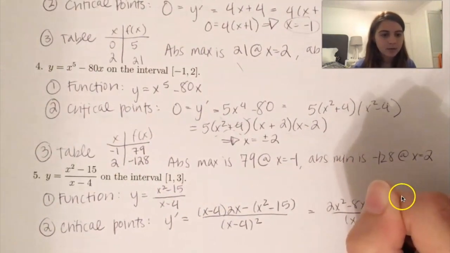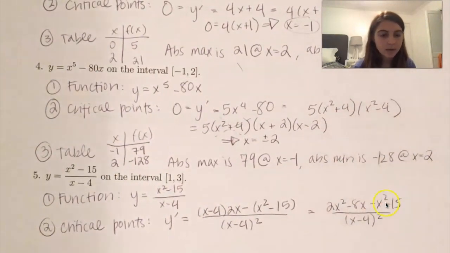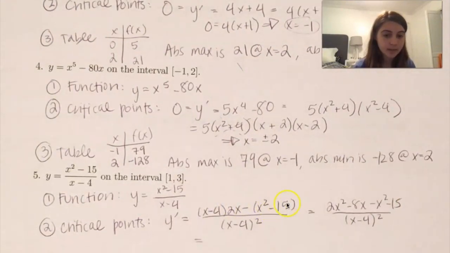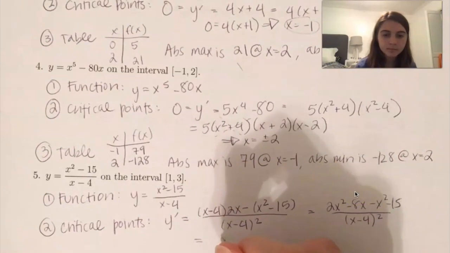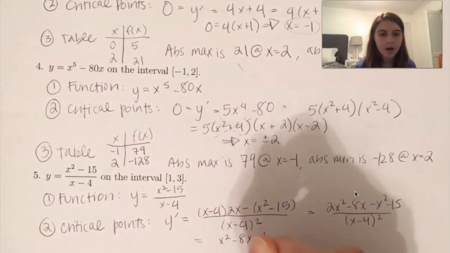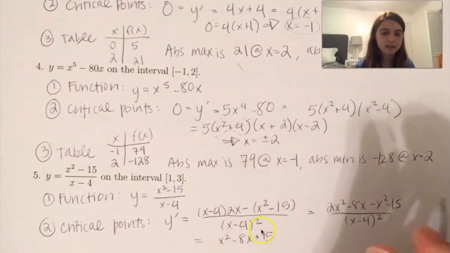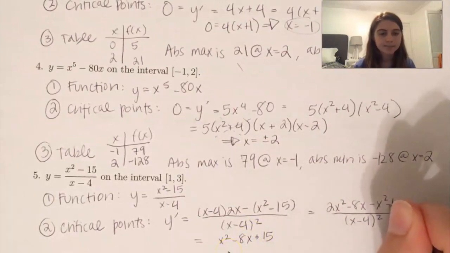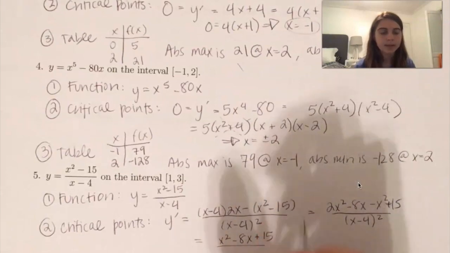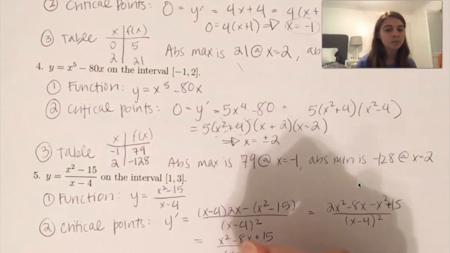And I wrote minus 15, you can't see it right now because my hand's in the way. That is a plus 15 because of this minus, I just was not paying attention. And then we're going to keep simplifying it until we get it as factored as possible.